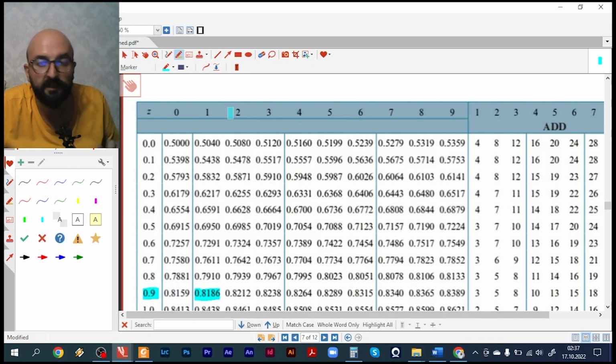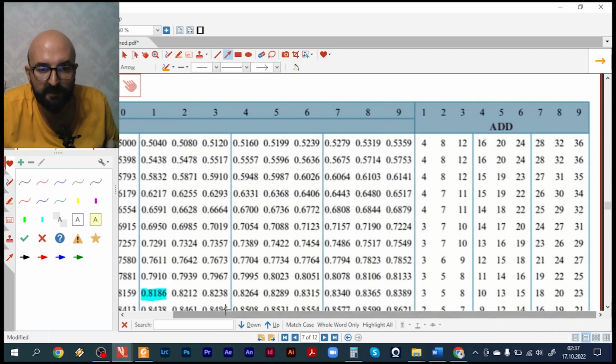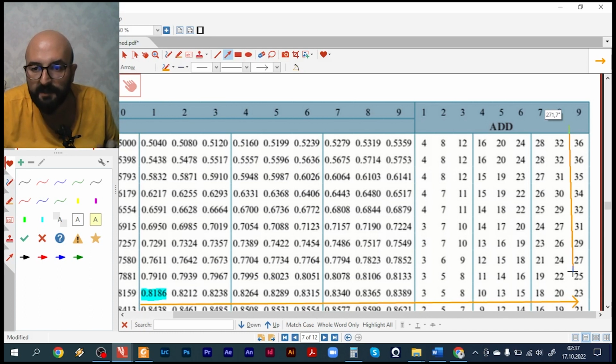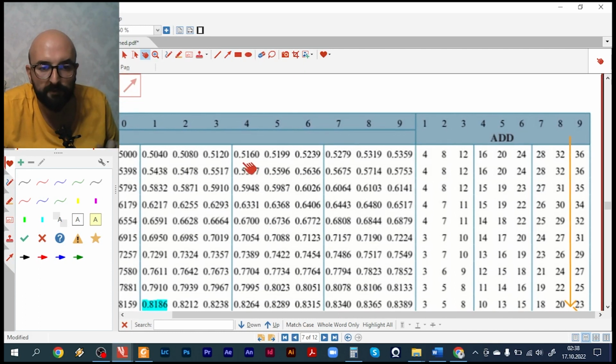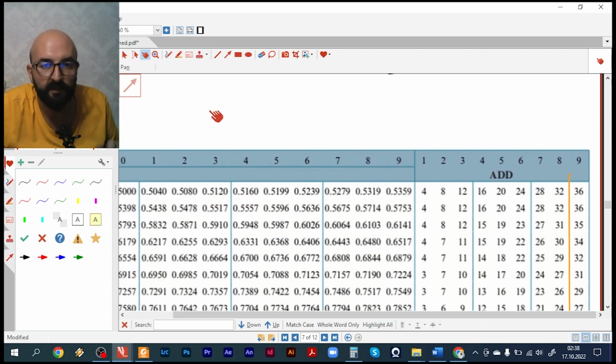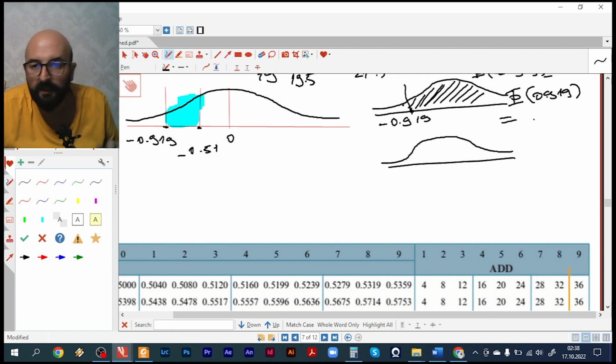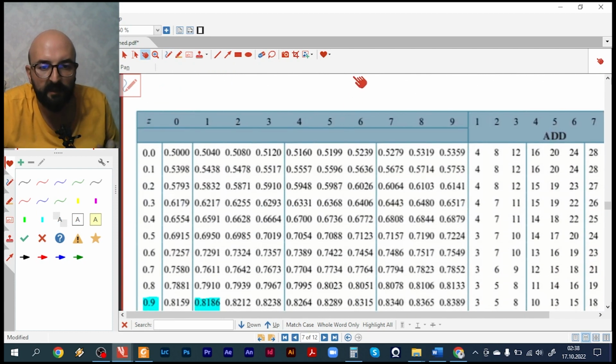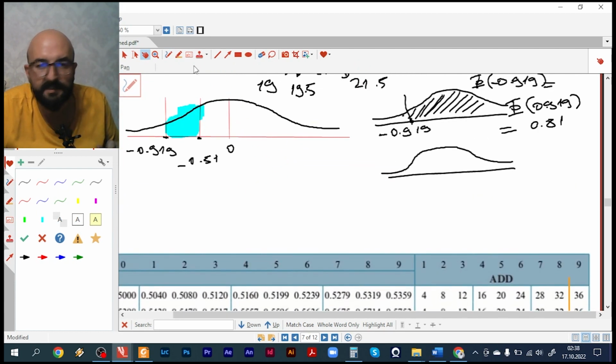Okay, 0.91 here, and in addition we should find 9 for the last digit. 9 shows us 23, and we should figure out 0.81, so I want to look again at 0.81 6.